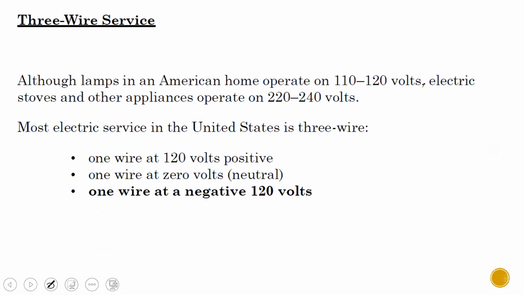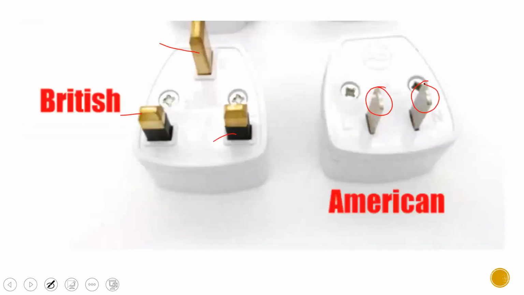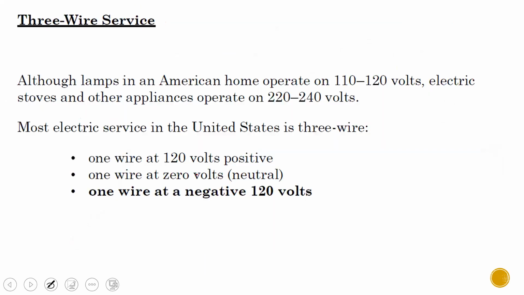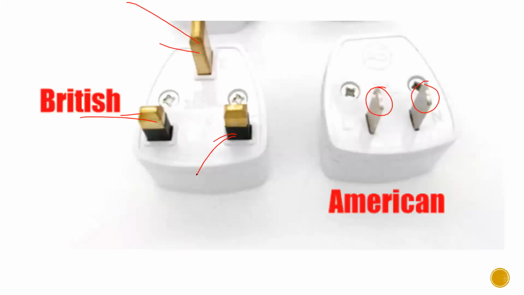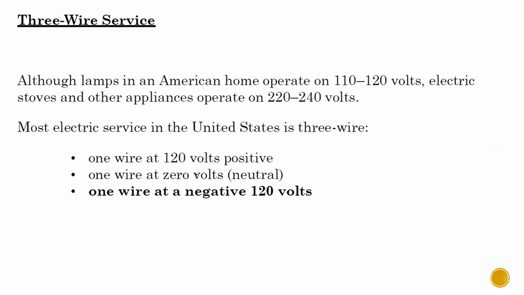Now let's talk about this. If you see here, we have three wires: one, two, and three. What is this three-wire service? In British English we call it three-wire service. All the lamps in an American home operate on 110, 120.